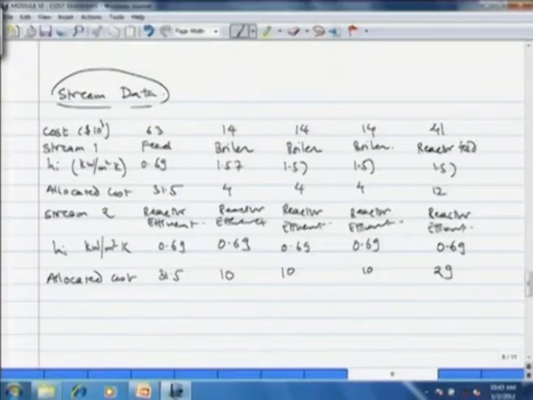We assumed that the inside heat transfer coefficient was 1.57 kilowatt per meter square per Kelvin, and the outside coefficient was 0.69, and then the $14,000 cost was distributed in inverse proportion as 4,000 and 10,000 to the stream inside the reboiler and the reactor effluent stream, and so on and so forth. So what you have on screen now is the allocation of the heat exchanger cost to the streams that are treated in the exchangers.